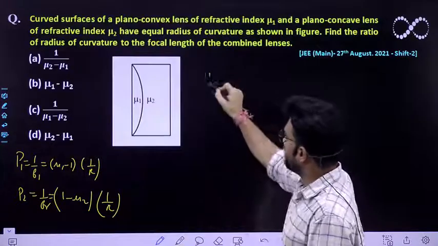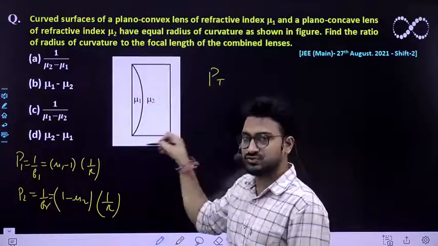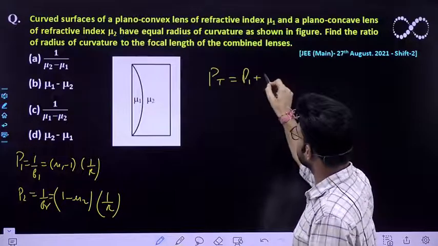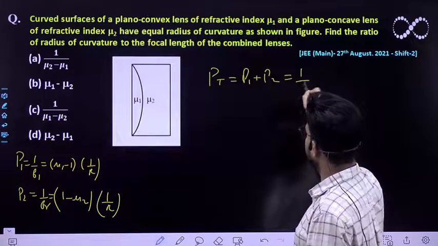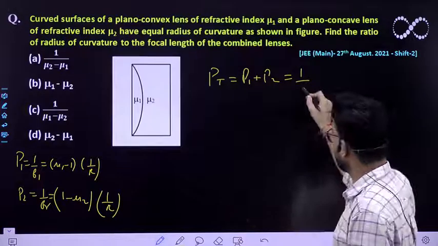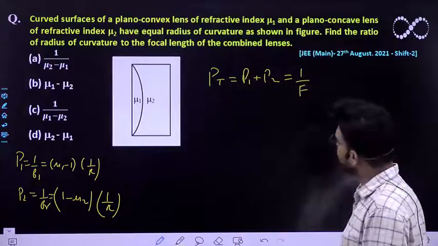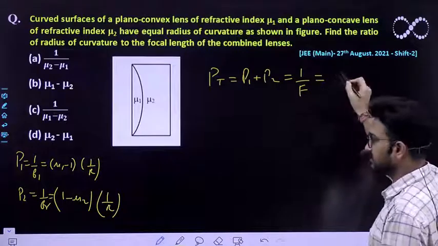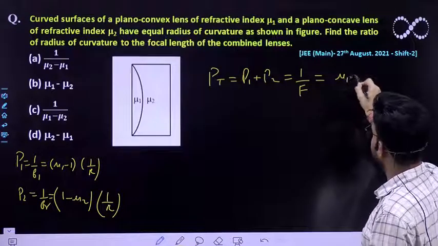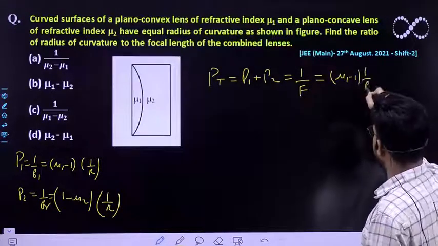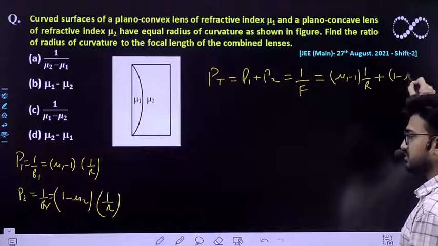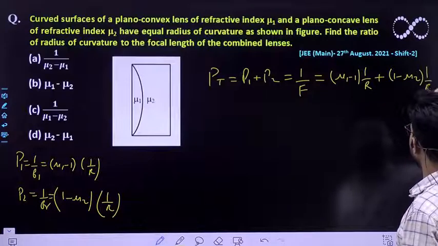Okay, so the net power, the effective power of these two lenses, let it be pt, must be equal to p1 plus p2, and let the effective focal length be capital F. So p1 is (mu1 minus 1) times 1 upon r plus (1 minus mu2) times 1 upon r.